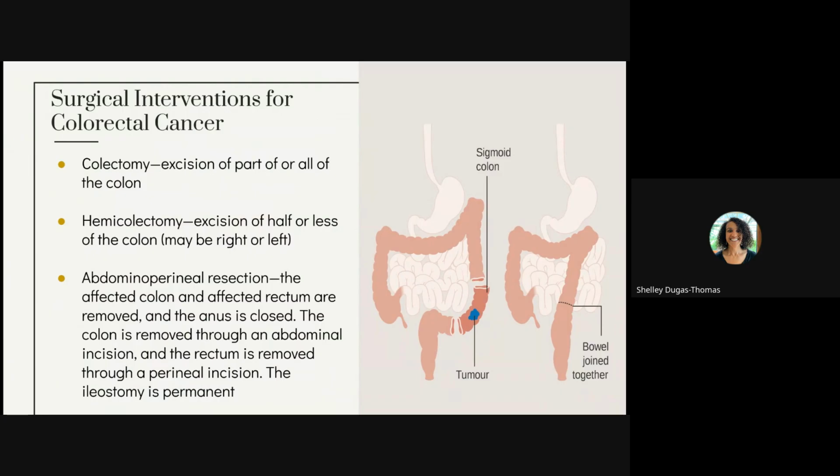Procedures may include colectomy, which is a partial or total removal of the colon, hemicolectomy, which is a removal of half or less of the colon, or an abdominoperineal resection, which is the removal of the affected colon and rectum with permanent ileostomy. Temporary colostomies are often performed and later reversed through anastomosis to restore normal bowel function, with sphincter preservation possible in some rectal cancers.